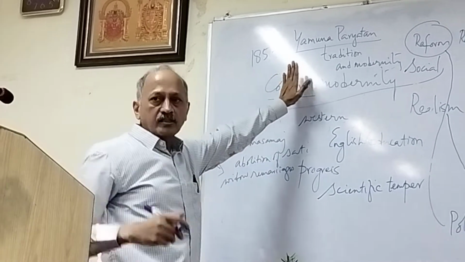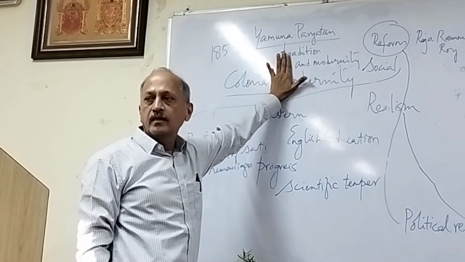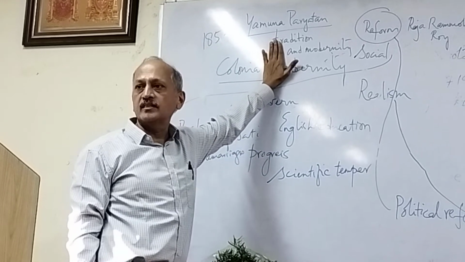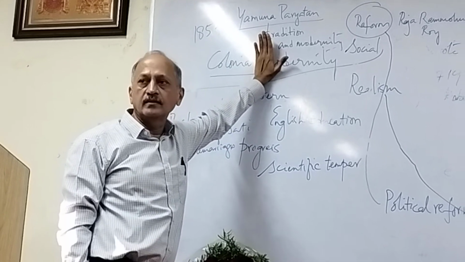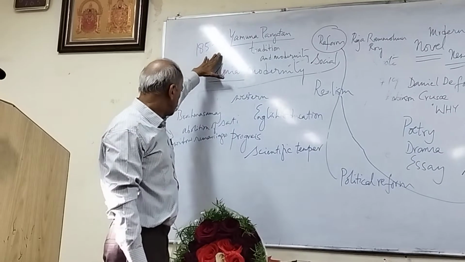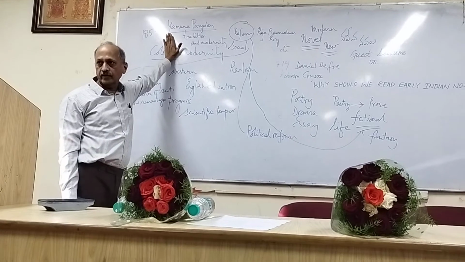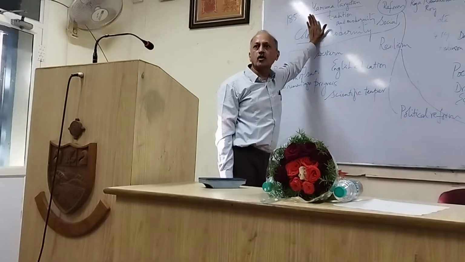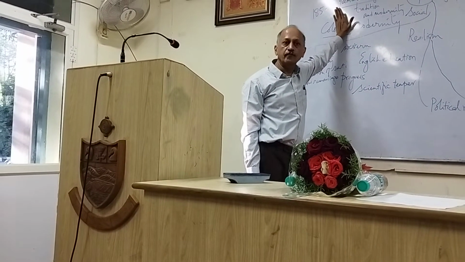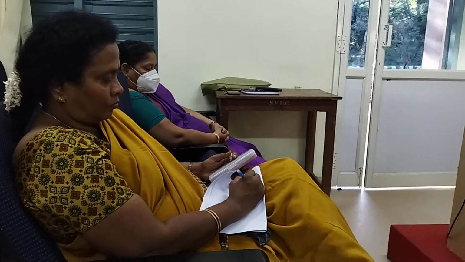Now this talks about widow remarriages. It talks about child marriages, etc. as early as 1857. Now it also talks about the role of education, the role of Christianity, the role of education for women.